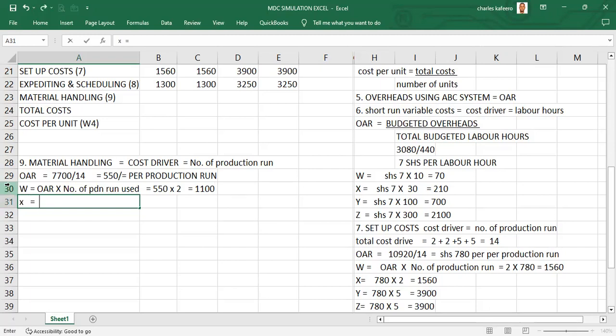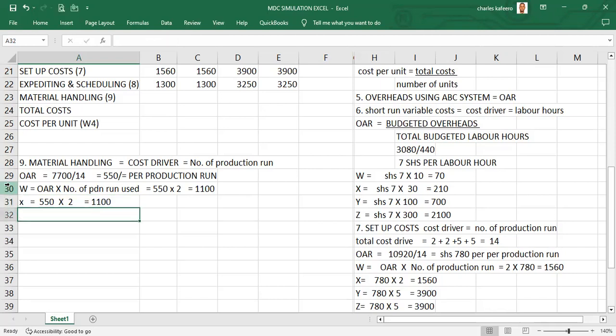So we go to product X. Still, it will be the OAR, which is 550, multiplied by the number of production runs, which is 2. This will give us 1,100.